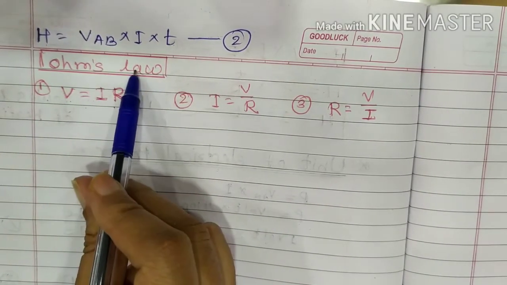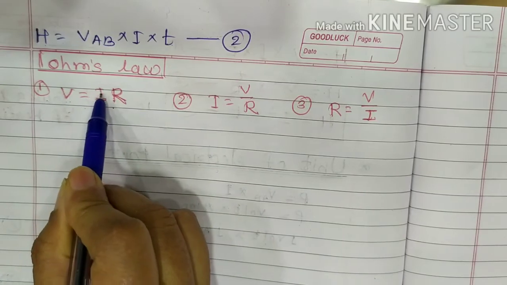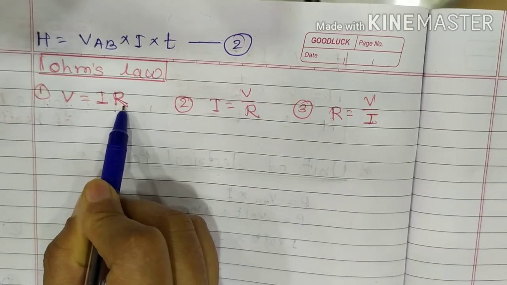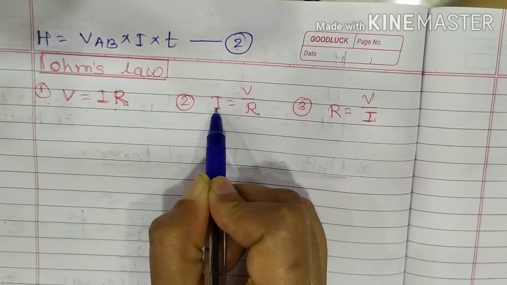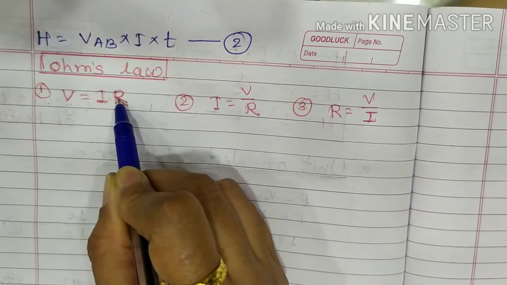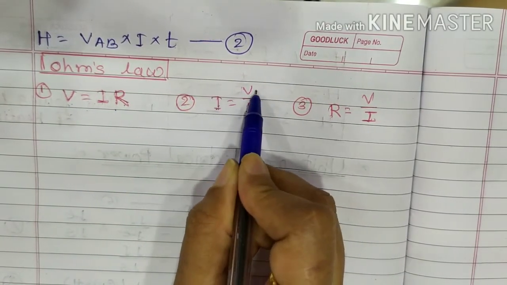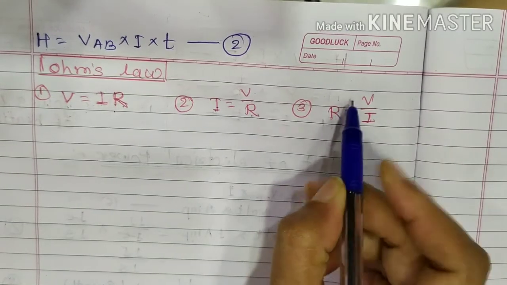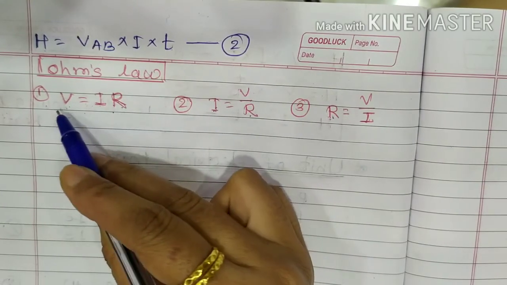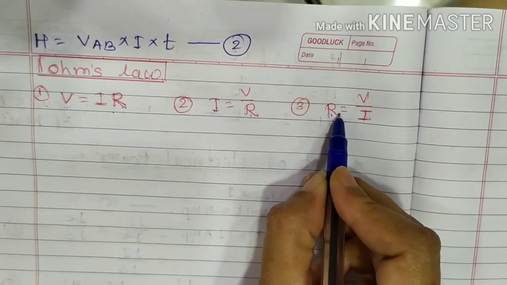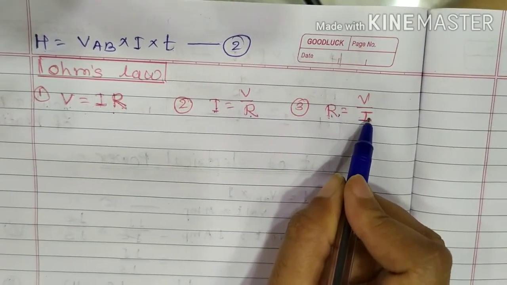But according to Ohm's law, which you studied in the previous standard, V is equal to I into R. We can write this Ohm's law as follows: when finding the current I, R moves to the other side, so the formula is I is equal to V upon R. When finding the resistance R, I moves to the other side and R is equal to V upon I. This way we can write Ohm's law.